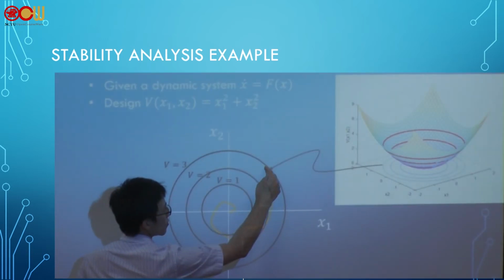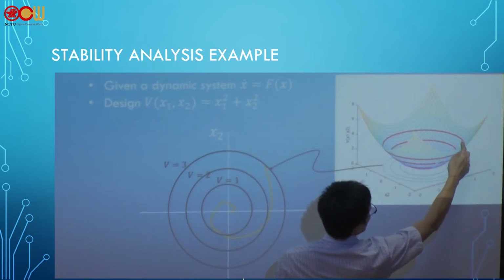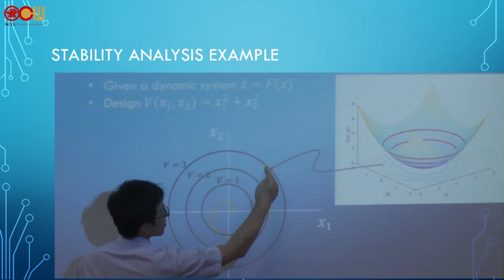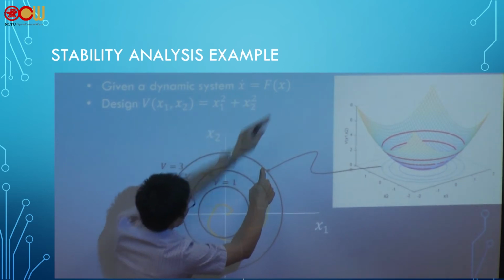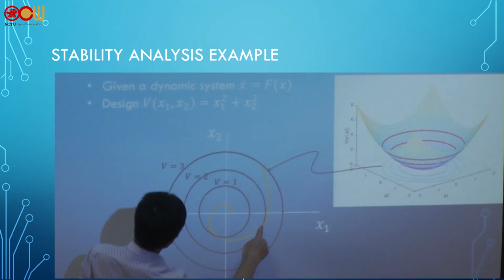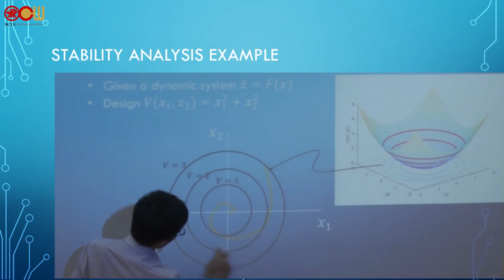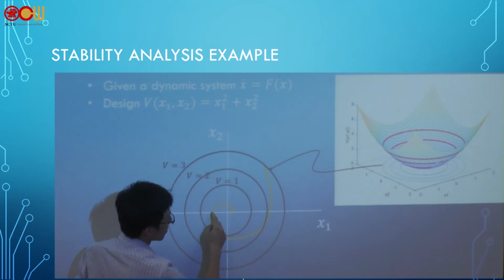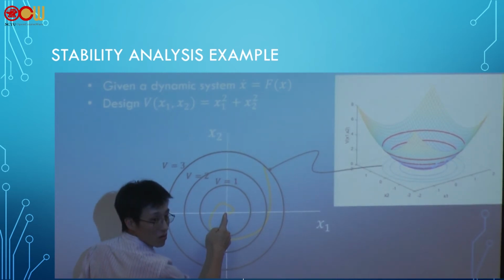When you get here, V is 3, so this level set represents V is 3. When you follow this dynamics, the trajectory is here, and after some time period, V is 2, right? In this circle, V is 2. So V is always decreasing until you reach the origin, right?